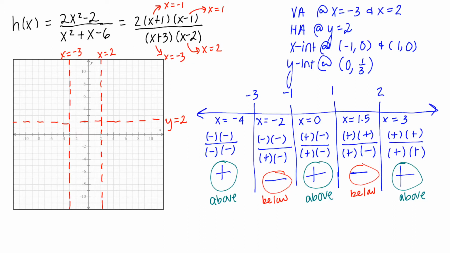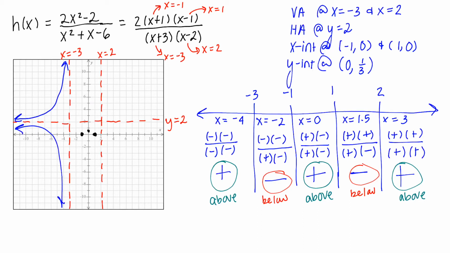X-intercepts at -1 and +1. And then a y-intercept at 1/3. Mine's going to kind of look more like 1/2, but, you know, use your imagination. All right, so when we're making choices on this first section here, the choices are either it looks like this or it looks like this.